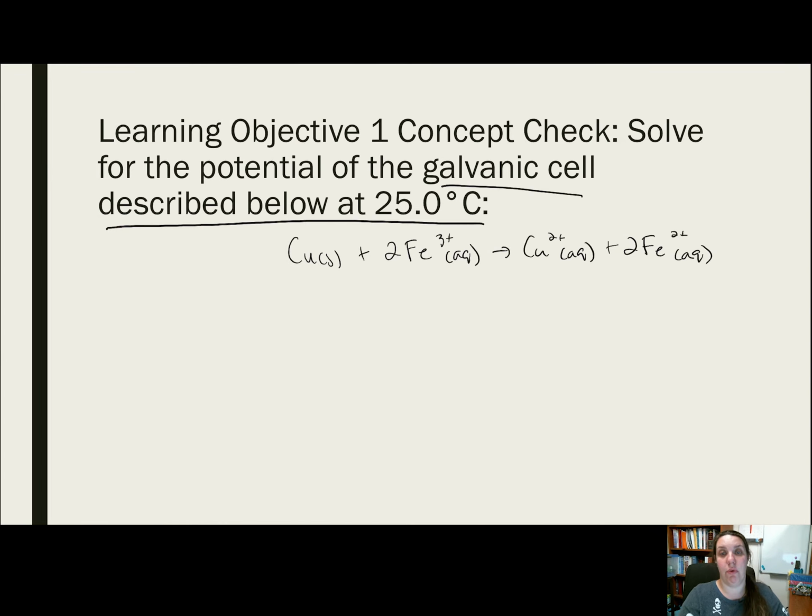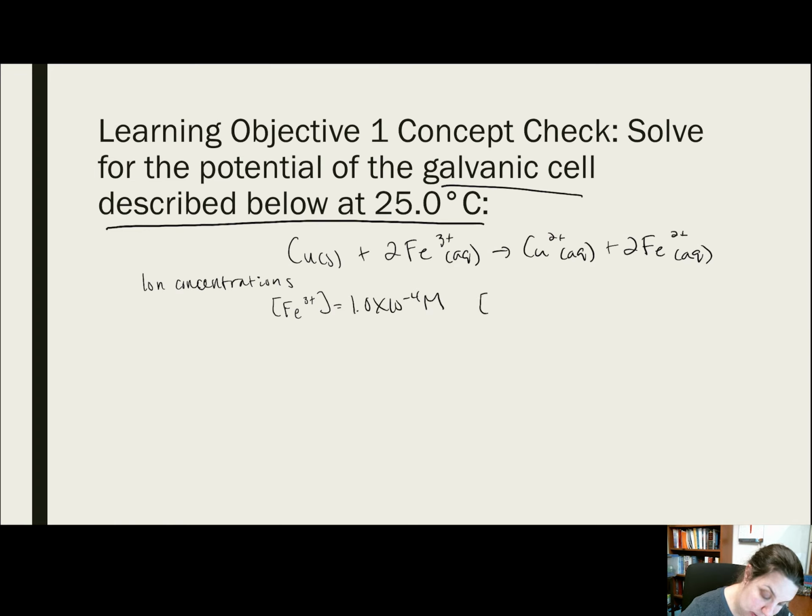So we want to solve for this galvanic cell when our ion concentrations are the following. Fe3 plus is equal to 1.0 times 10 to the negative 4 molar. Cu2 plus is equal to 0.25 molar. And Fe2 plus is equal to 0.20 molar.